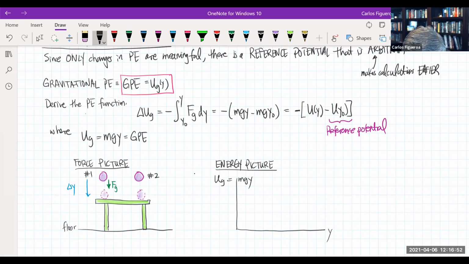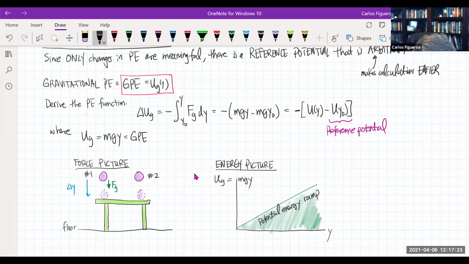According to our picture here, I'm going to say that this potential energy function is a ramp. This is the potential energy ramp. And you could see why, because it's a linear function of y. And that's what it does here.